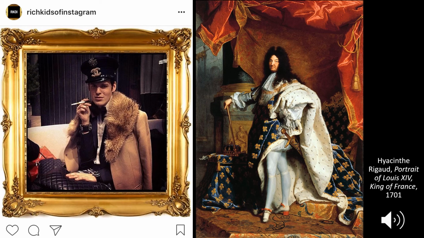We'll get into the details when we discuss elegance in French portraiture here. But the sitter, through that sort of casual pose with a cigarette, which in the 21st century sort of flaunts convention, right?